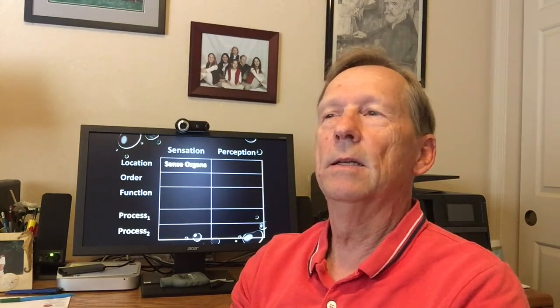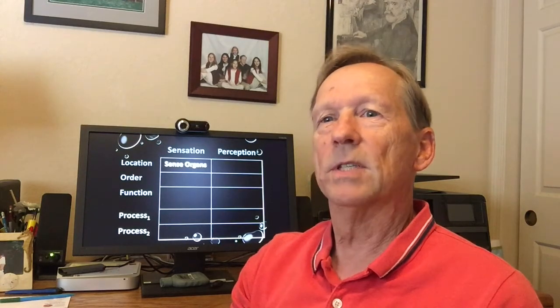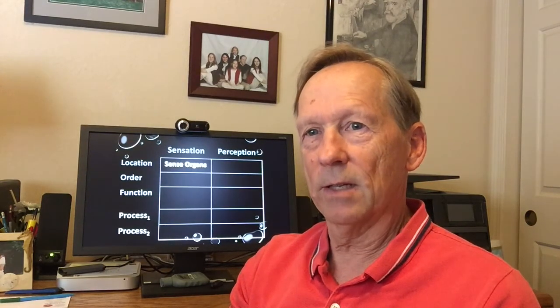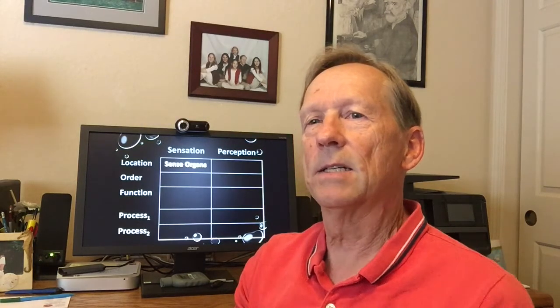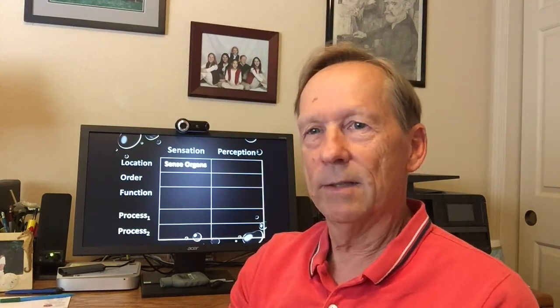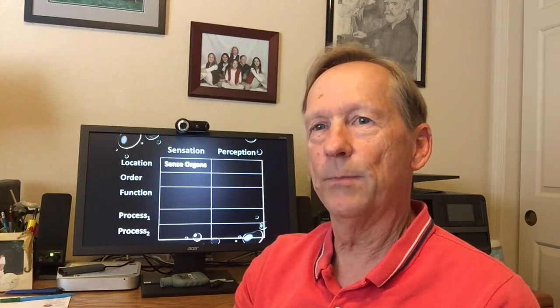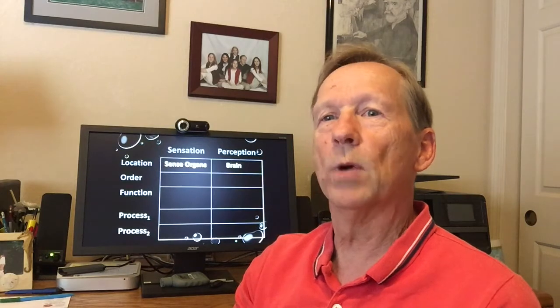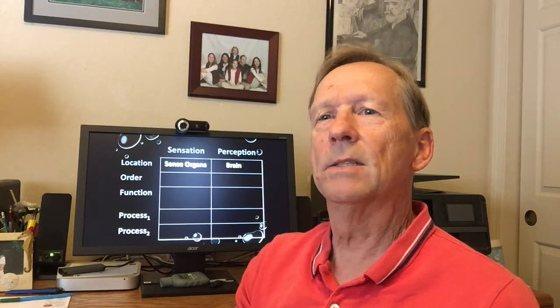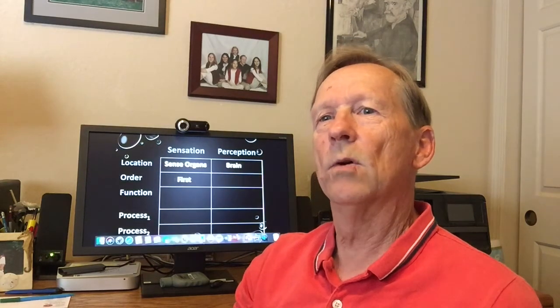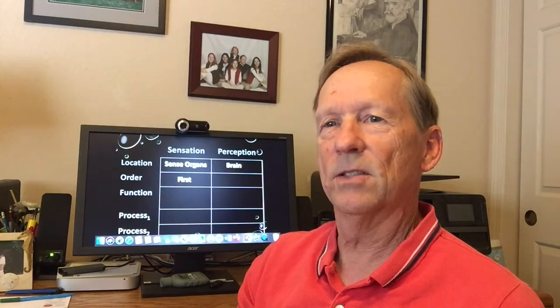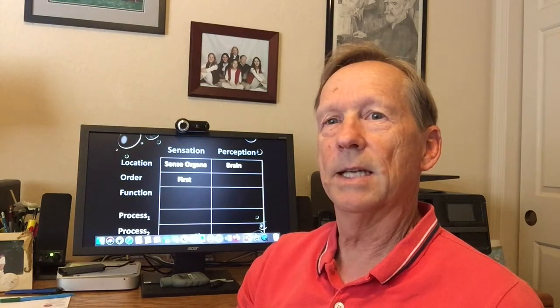It occurs in your olfactory bulb for smell, the taste buds of your tongue for taste, the skin cells in your skin for touch, and in your retina for vision, and in your cochlea for audition. Perception occurs in the brain. So they occur in two entirely different places. The order of things is that sensation occurs first, perception occurs second.